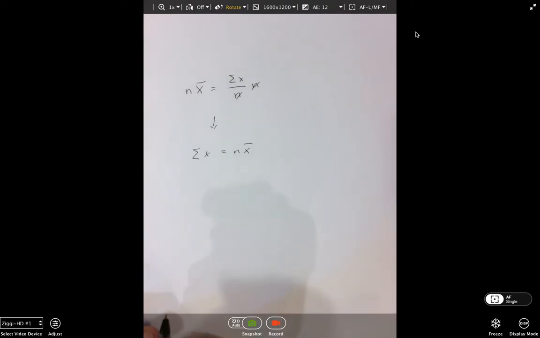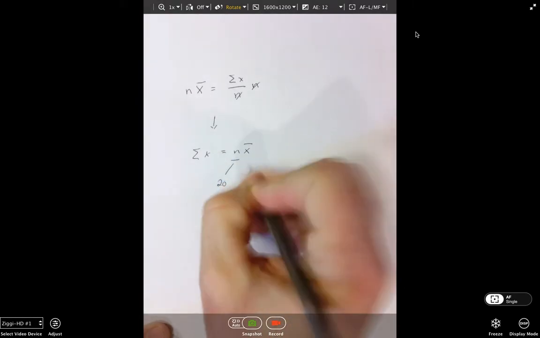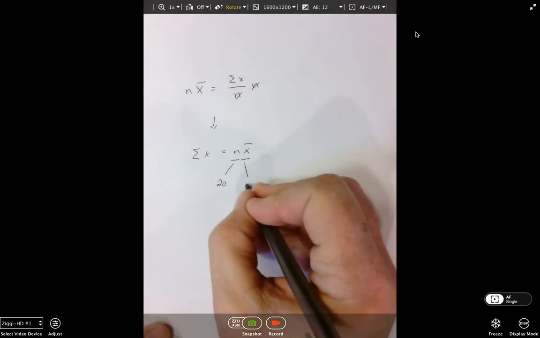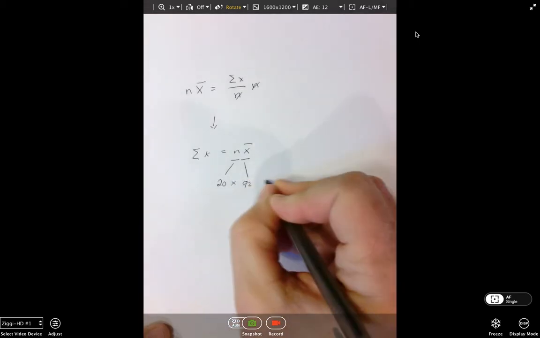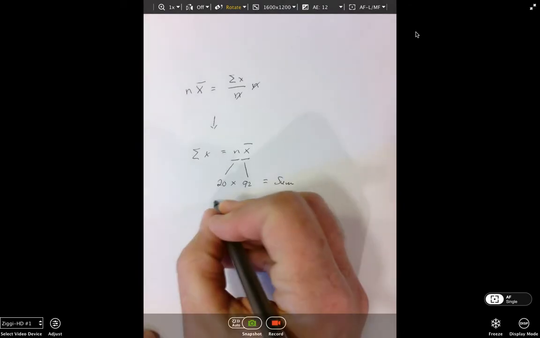Well, guys, for the first group, we have n equal 20, and their mean was 92. So the sum of their scores has to be whatever 92 times 20 is. Same thing for the other class. There were 25 students.